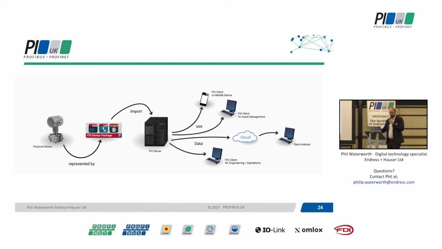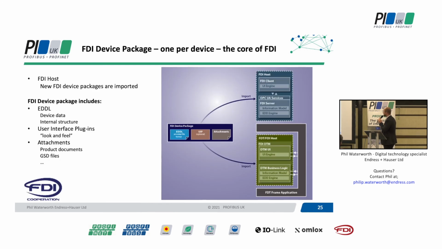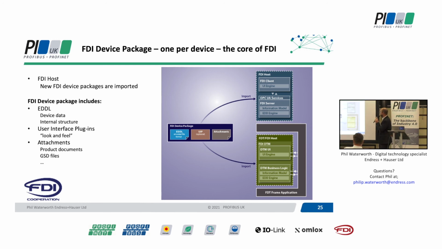And we did mention before, we've got backwards compatibility as well. So here you can see an FDI host where the FDI package gets imported into the host. So the FDI package goes into the FDI host. It's in there, ready to use.